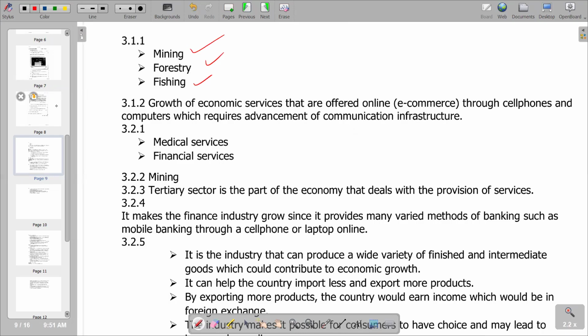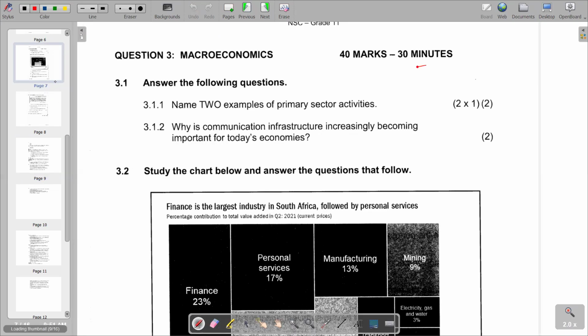So moving on to the next question. Why is communication infrastructure increasingly becoming important for today's economies? Communication infrastructure basically is a set of tools, techniques, and principles that provide the foundation for the effective transfer of information between people.